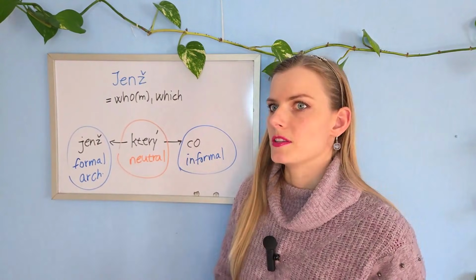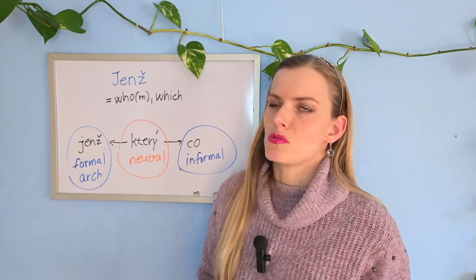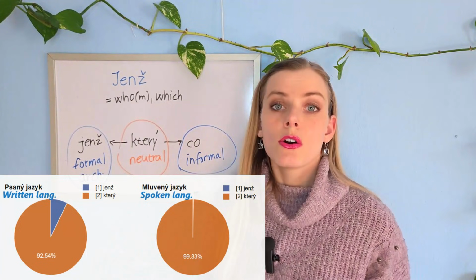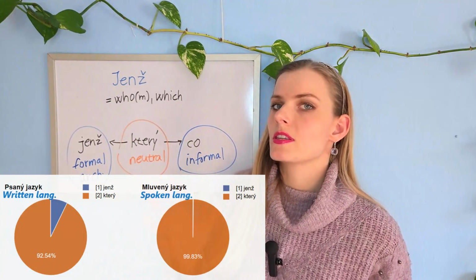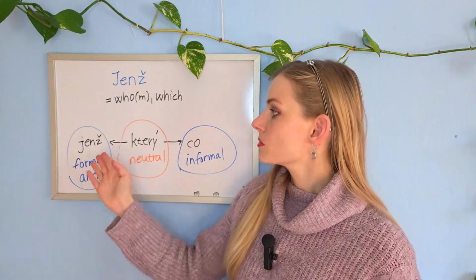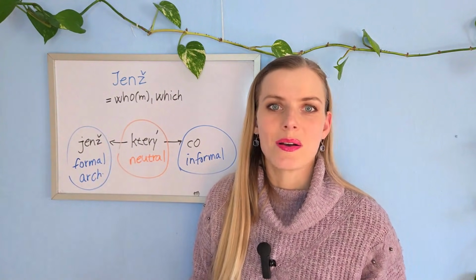A little outdated. However, we do use it in mostly written text, in academic writing, or you can find it in literary text. If you're going to read an older book, it's going to contain these forms, so it's a good idea to know about it.